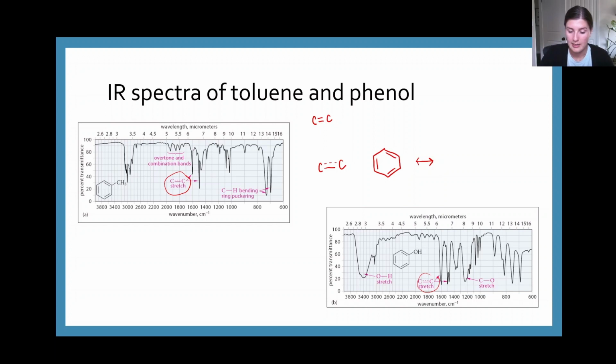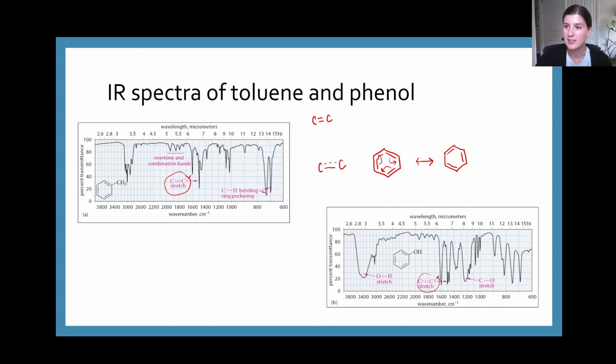We can draw benzene like this, where certain carbon-to-carbon bonds are double and others are single. We can always resonate these double bonds to be between different carbons. So in the resonance structure, the carbon-to-carbon bonds that were single are now double, and carbon-to-carbon bonds that were double are now single.